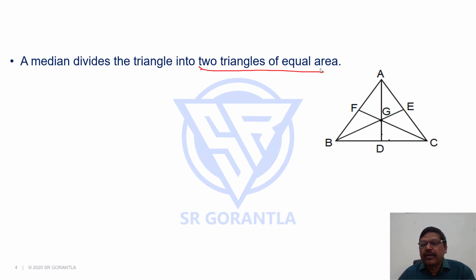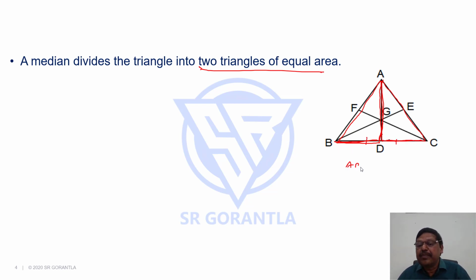And when we draw a median in a triangle, it divides the triangle into two triangles of equal area. For example, AD divides triangle ABC into two triangles ABD and ADC of equal area. The reason why the areas are equal, students, is because BD and DC are equal, because D is the midpoint.